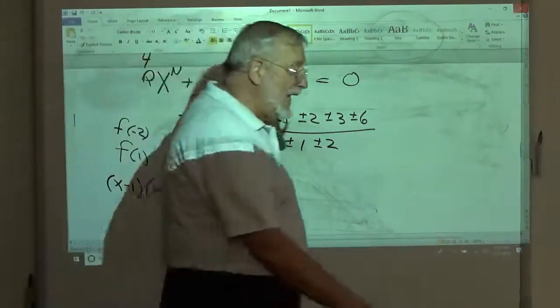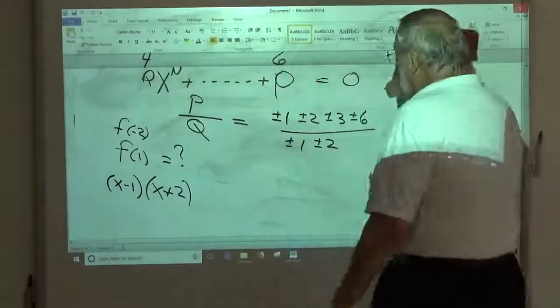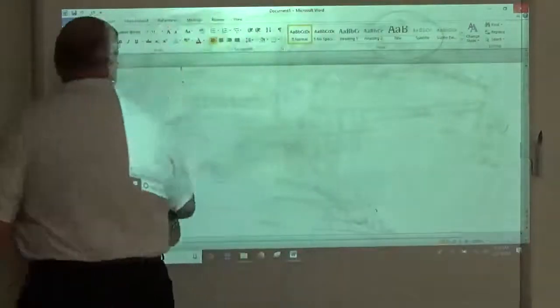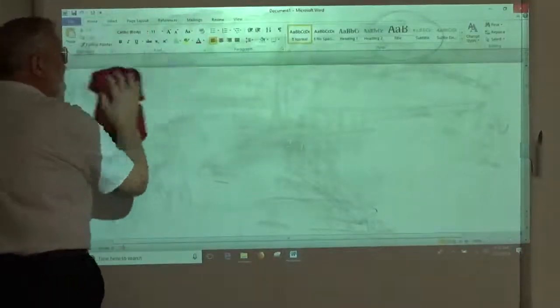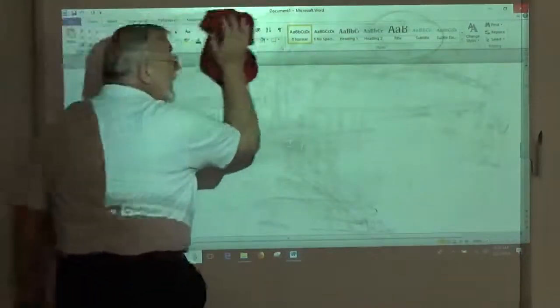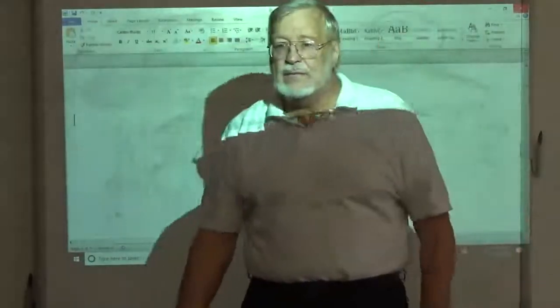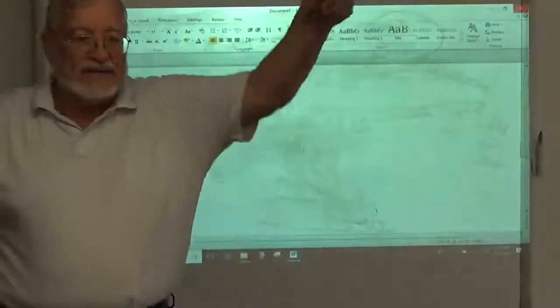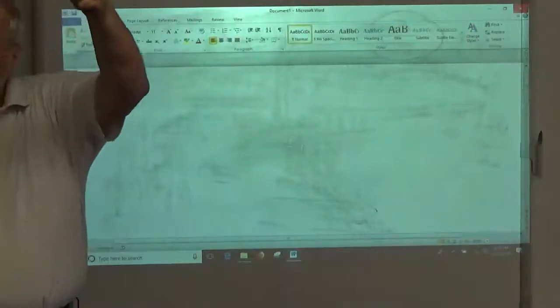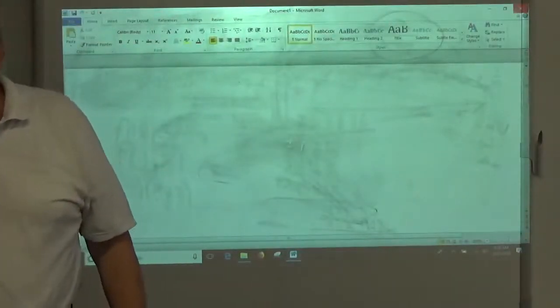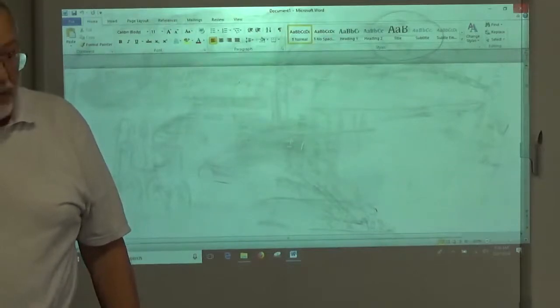So the possible values of x are gotten from the first and the last numbers of the polynomial. It's the last number divided by the first number, because to get x by itself, you're going to divide by that initial number, whatever it is.